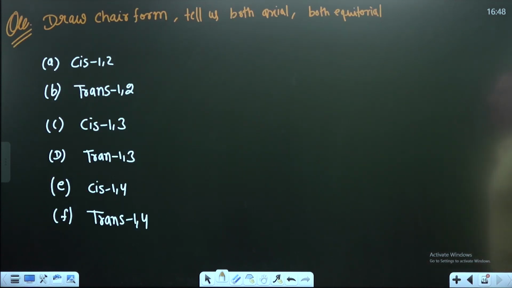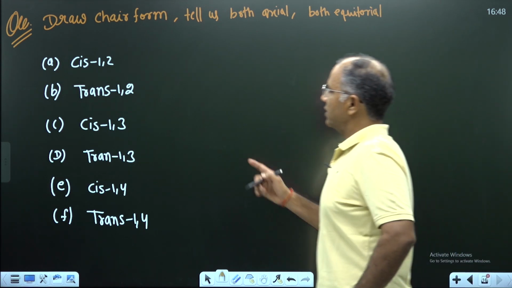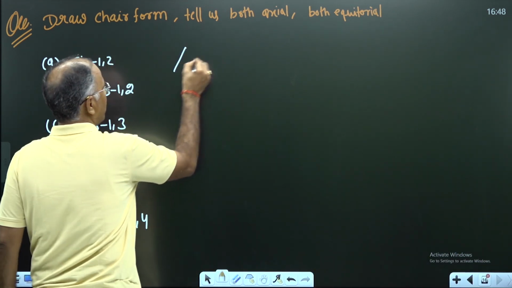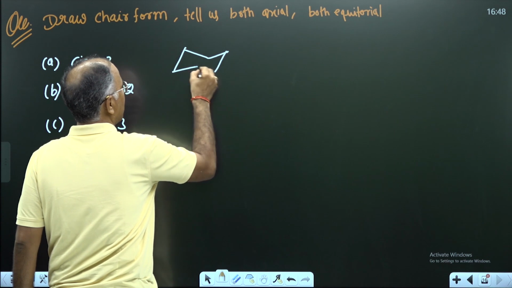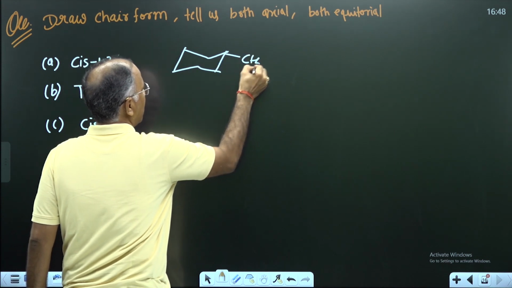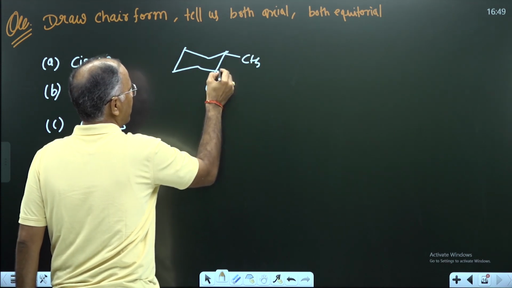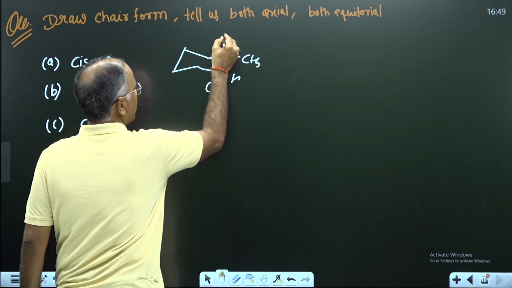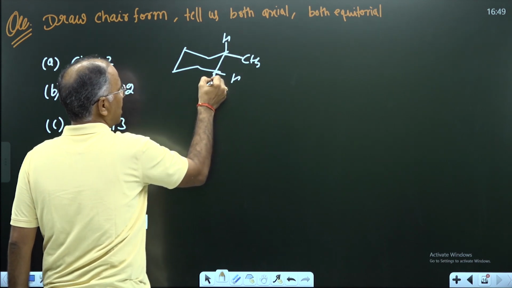Now try this. Draw the chair form and tell us both axial or both equatorial. Let me explain one example. The cis-1,2 dimethyl. We have to draw cis-1,2 dimethyl. So cis means this methyl and this methyl, down, down. This is down, this is down.